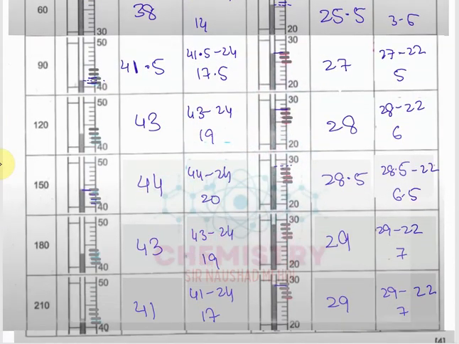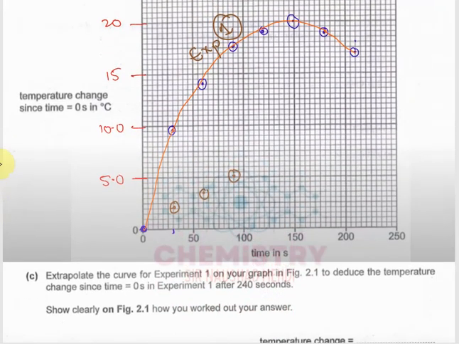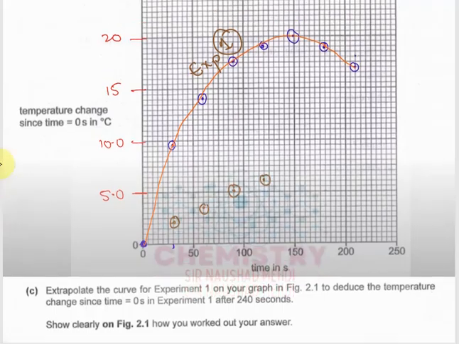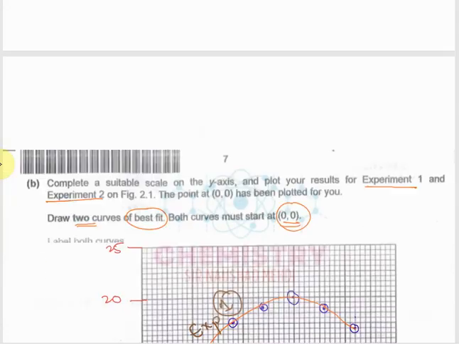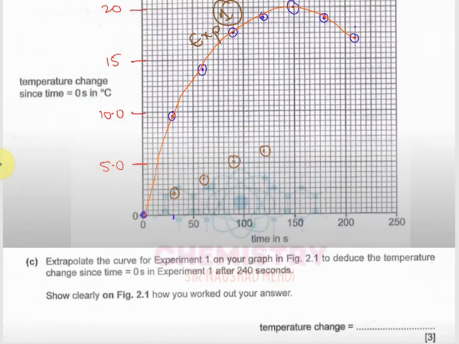Then we have 6 at 120. Then at 150 we have 6.5.